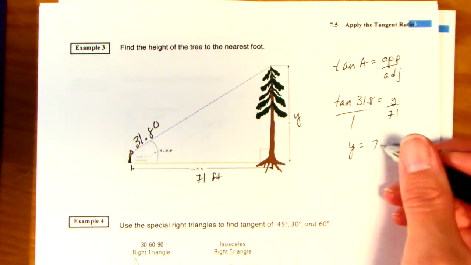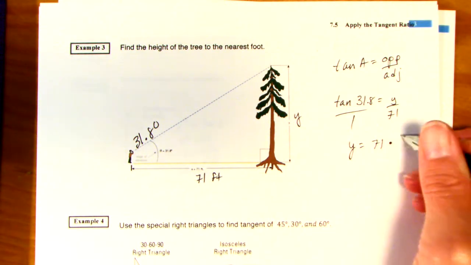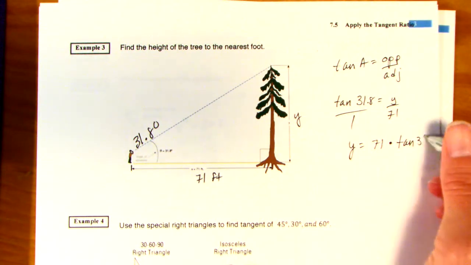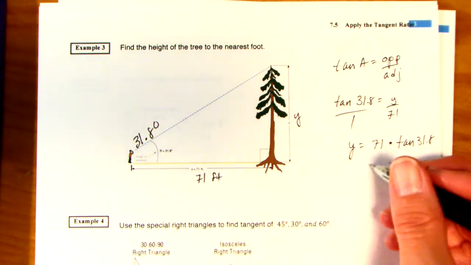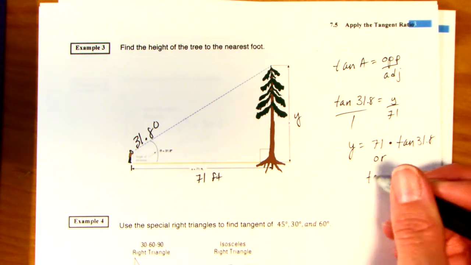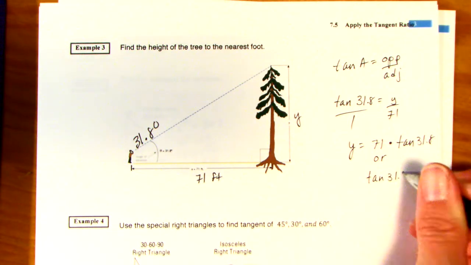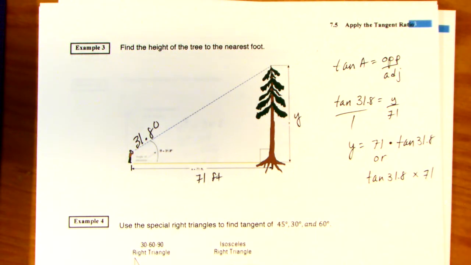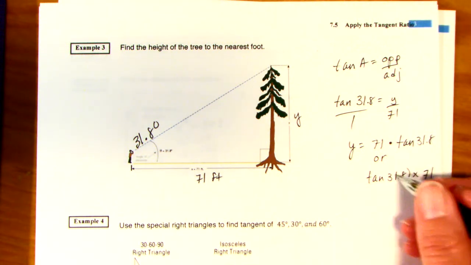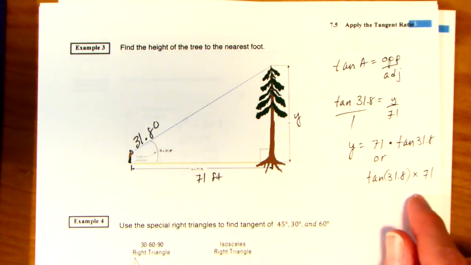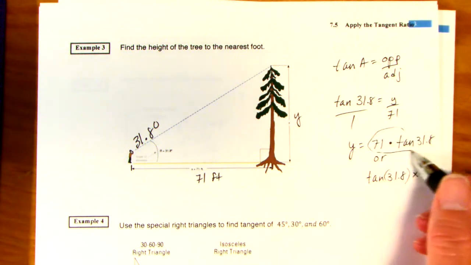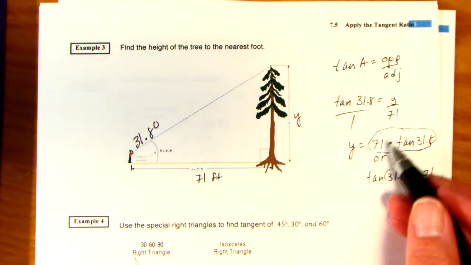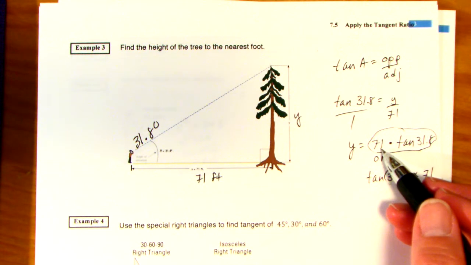Y is equal to 71 times tangent of 31.8. Be careful. You could write it like this, tangent of 31.8, but if you put it in the calculator that way, it'll turn out to be wrong. You would have to close parentheses here. So that's why I always recommend putting that constant in front of it.